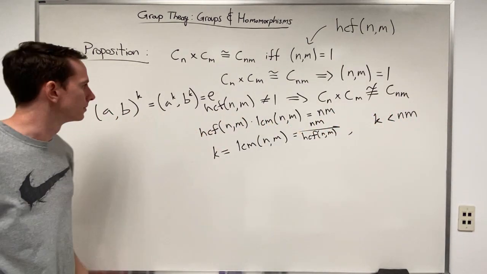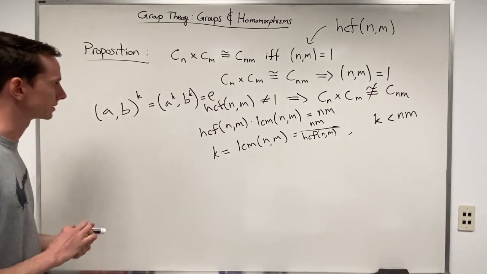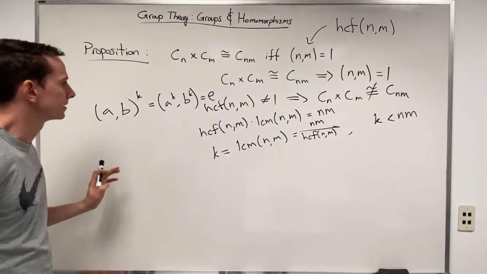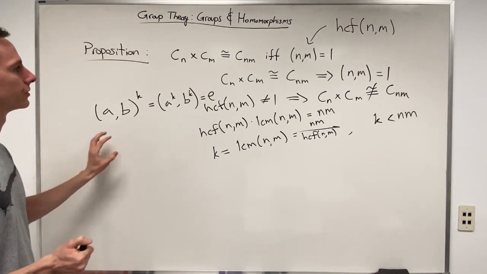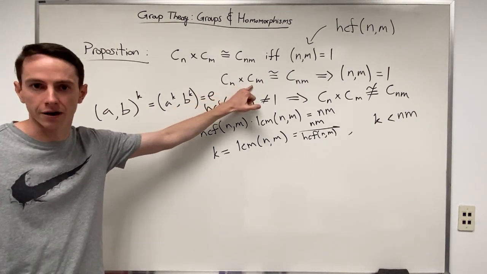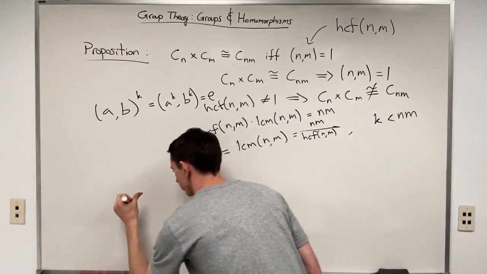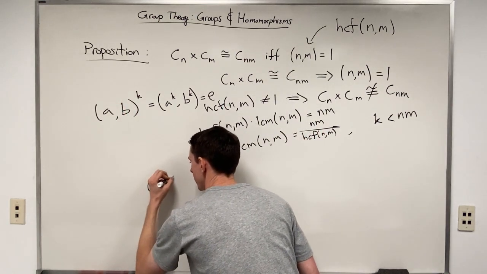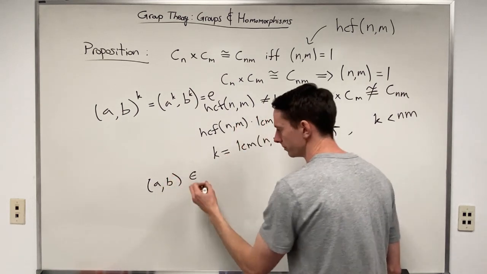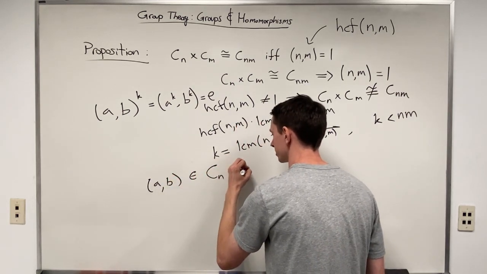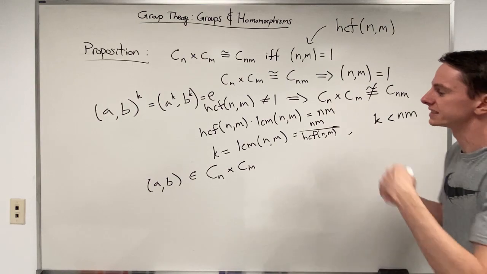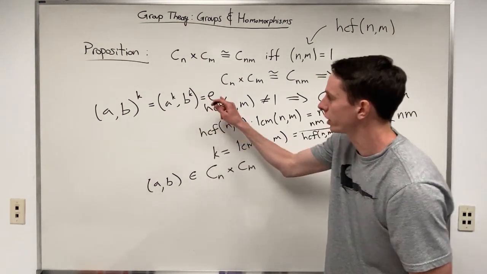Okay, but let's continue to put the pieces together. What this is telling us is that if we have any element from this direct product right here, and let me just write out, this is an element (a, b) from the direct product. So if we have an element (a, b) that is an element of the direct product Cn × Cm, and it satisfies this equation right here.